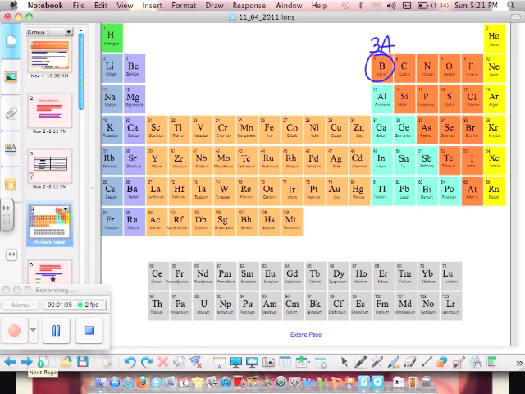Okay? Just to refresh your memory, the periodic table is broken apart into the different orbitals that it may hold. The very first two columns, column 1A and 2A, will always be in charge of the s orbitals. So I know these only fill the s orbitals.